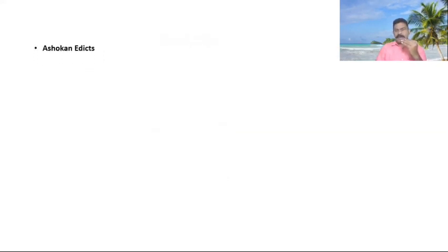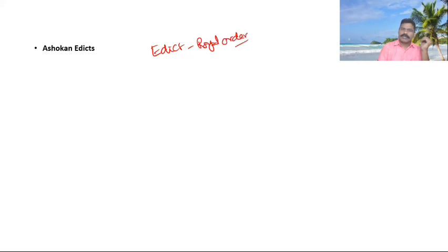Next, another important archaeological evidence is the edicts of Ashoka. Edict means royal order. All of Ashoka's inscriptions are royal orders, that's why they are called edicts.